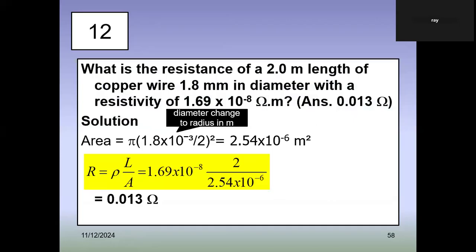Calculate your cross section area in meter square. So rho is the resistivity, is it? Rho is resistivity.